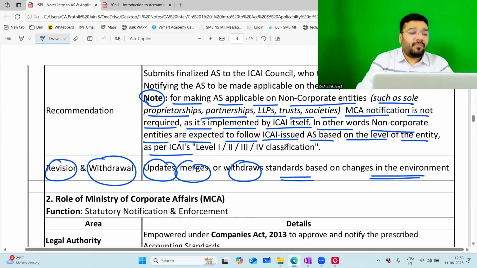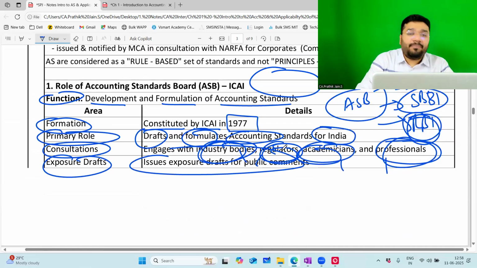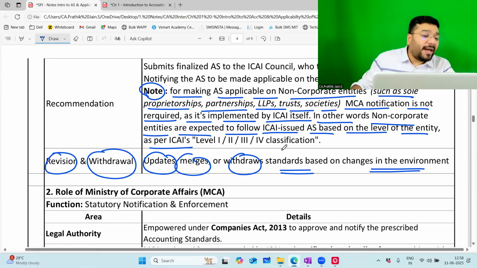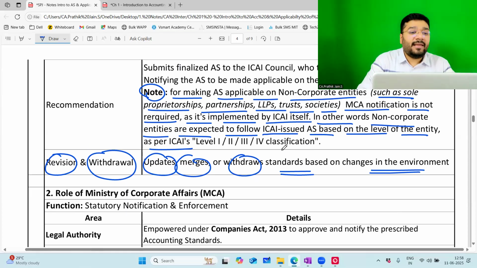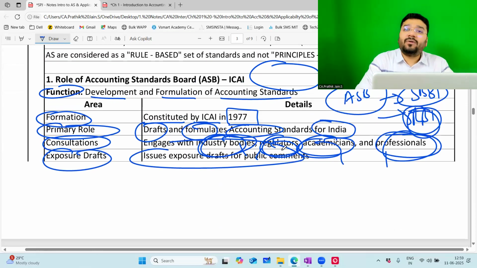So, apart from forming and developing the AS, the role of ASB is again to revise and withdraw the standards wherever not applicable, improve or make the AS better, and revise it wherever applicable to make it suitable for the existing legal environment. Any problem? Are you able to understand what is ASB?